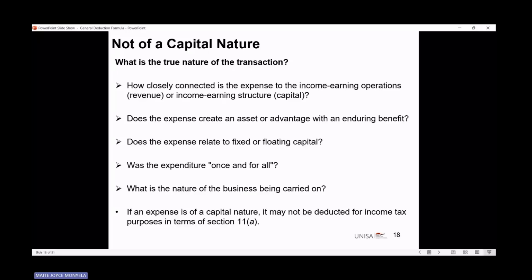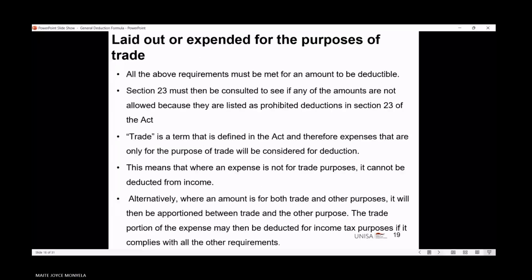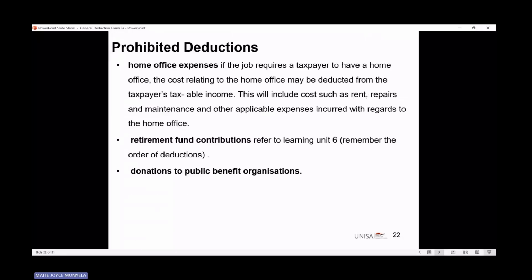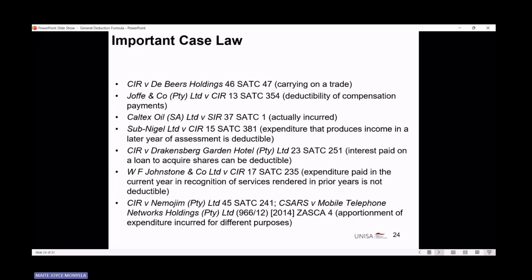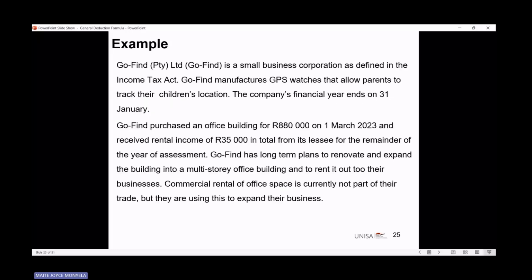So we have the theory, let's go to the question. They purchased the building as well as the plan. They purchased the building on 1 March and received rental for the remainder of the year.